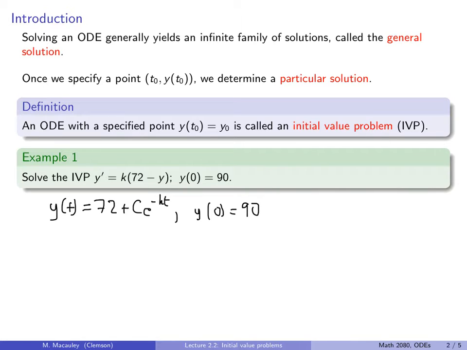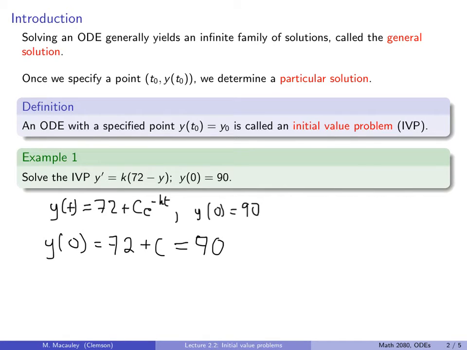So let's plug in y of 0. We solve these the same way. We plug in 0, or whatever this initial point is, and we set the equation equal to 90. So y of 0 equals 72 plus c, because it's c times e to the 0, and set that equal to 90.